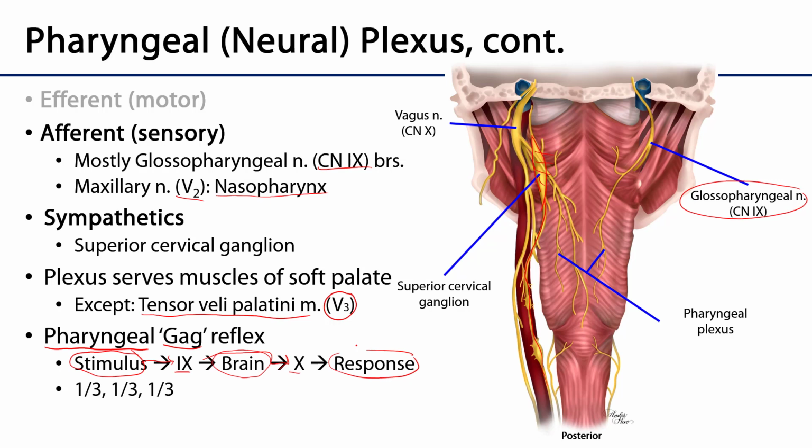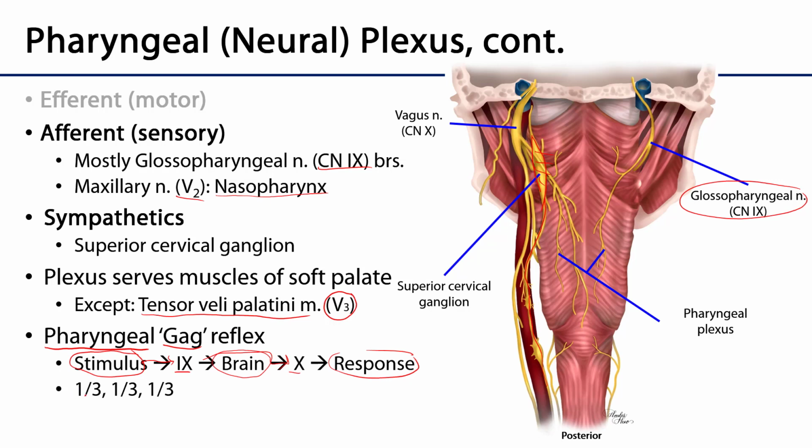Now, the literature has some interesting things to say about this response, but generally, if you're going to be a dental healthcare professional, it's probably important that you're aware of the pharyngeal reflex, this gag reflex, and that you may be working in this area.